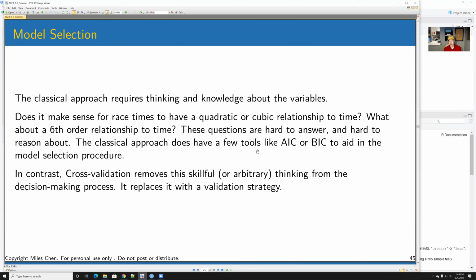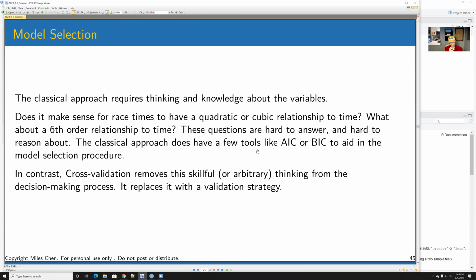What about a sixth order relationship? And what does it even mean to have a sixth order relationship with the year in which the Olympics were held, right? We have tools like AIC and BIC to help us select this, but it's difficult to do that and requires some skilled thinking, okay?